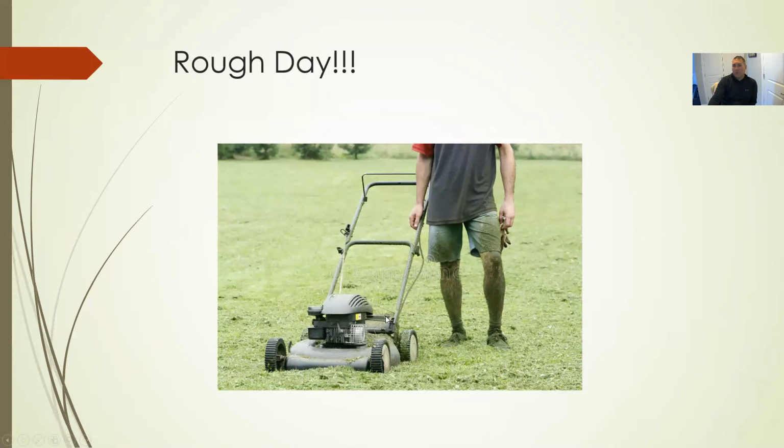So here we go, push mower guy out there getting his day in, right? Baling hay, long day, covered in grassy wetness, whatever. What do you think this mower looks like from an air filter standpoint? It's clogged.